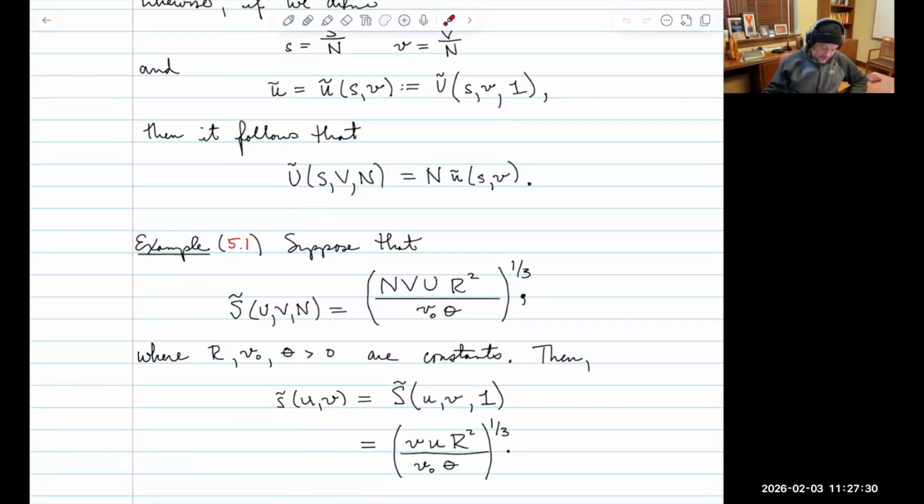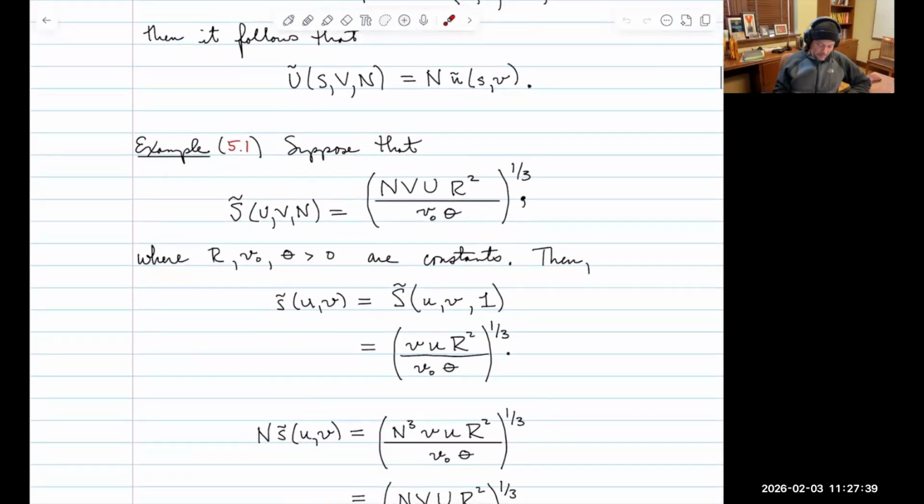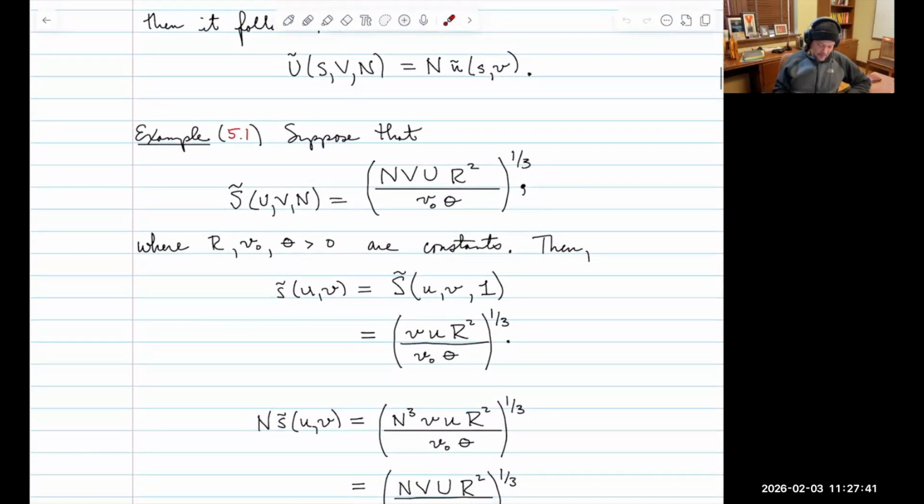So the best way to understand new notation and new ideas is with an example. I think this is the one we keep using over and over again. Let's use it again. S of U, V, and N is equal to this relationship.